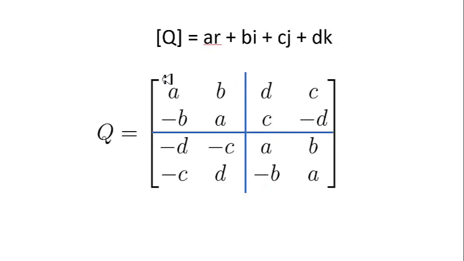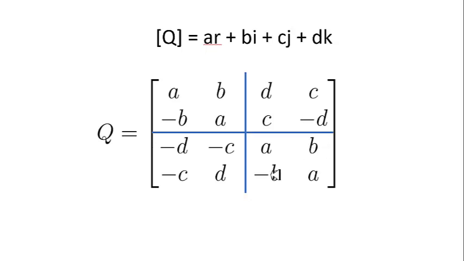This is a positive complex number with the positive on the forward diagonal and the positive and negative here. And this is also a positive complex number with the positive on the forward diagonal and positive and negative here.